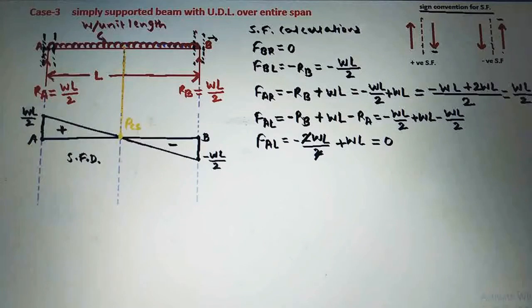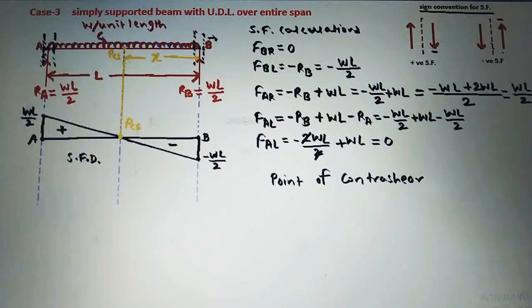So we will plot this point of contra shear here on this simply supported beam, and we will take the distance from support B of this point of contra shear, that is X. Now we have to find out this distance of the point of contra shear from this support B.